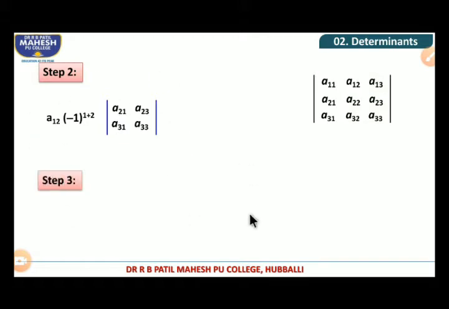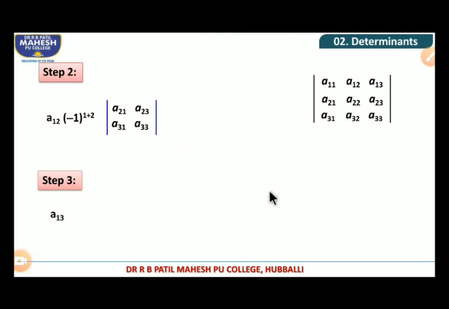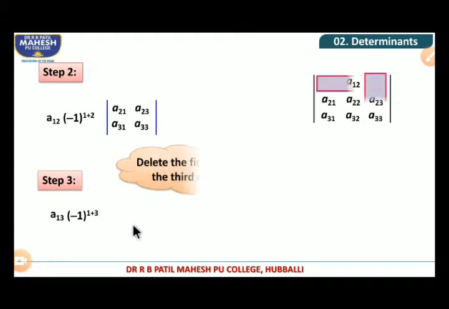And in step 3, we have the third element in R1, that is A13, which is multiplied with -1 to the power 1 plus 3, because the superscript of -1 indicates the sum of the first row and third column. Now the determinant is obtained by deleting the first row and third column.